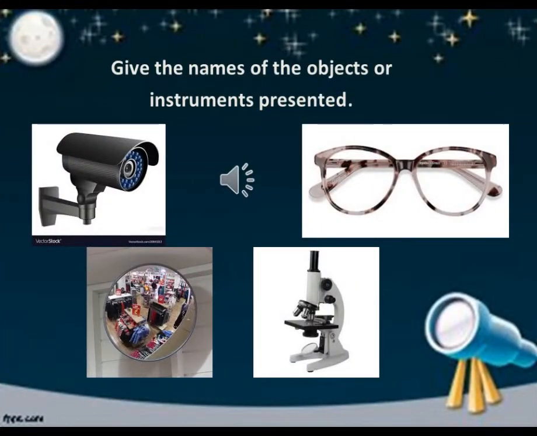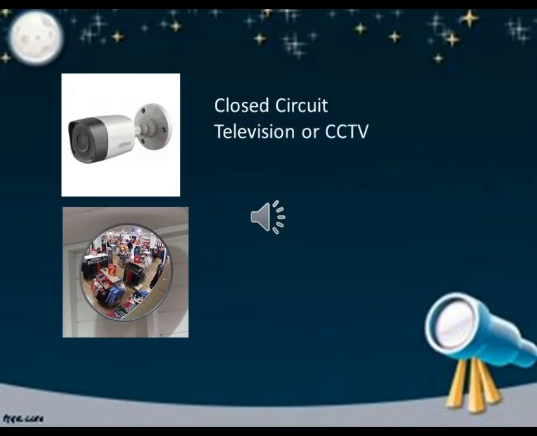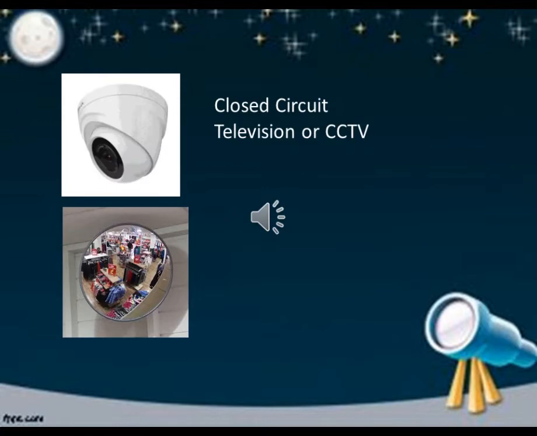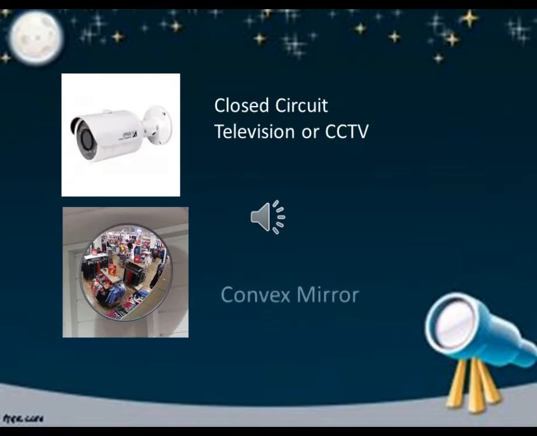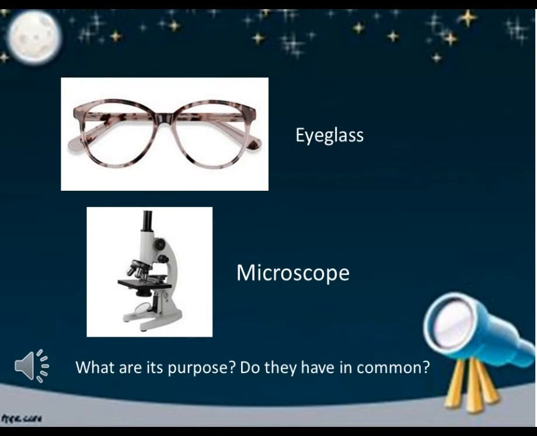As we move on with our lesson, here you can see a series of instruments or objects. Can you name them? Yes, we have the CCTV or the closed circuit television, and we have also convex mirror, the eyeglass, and of course, the microscope. I know that all of you are quite familiar as to its use, but what do they have in common?